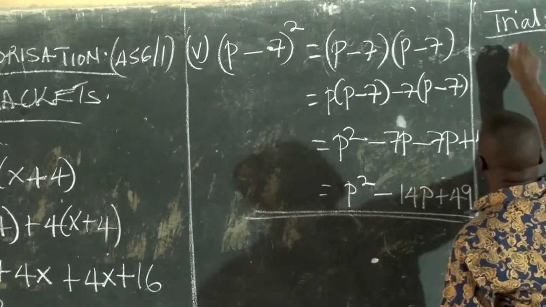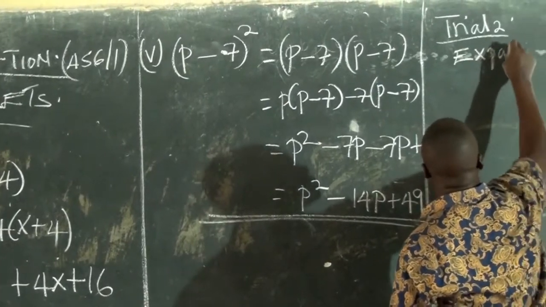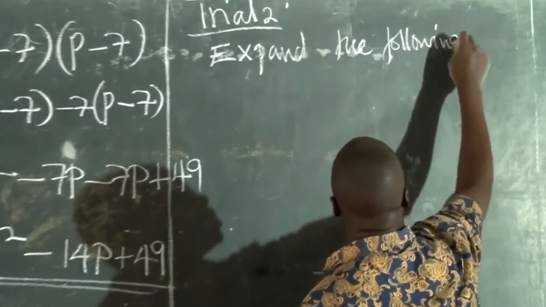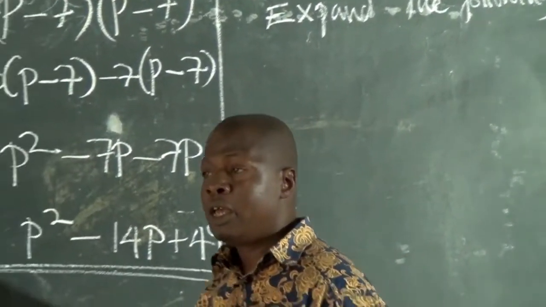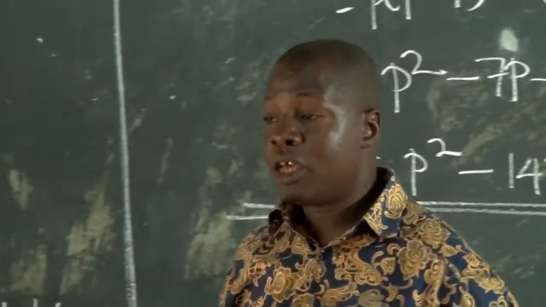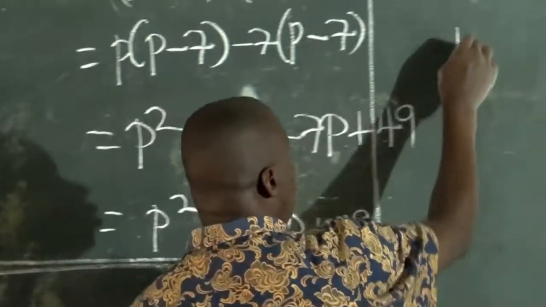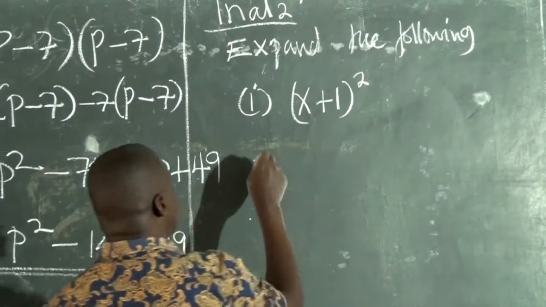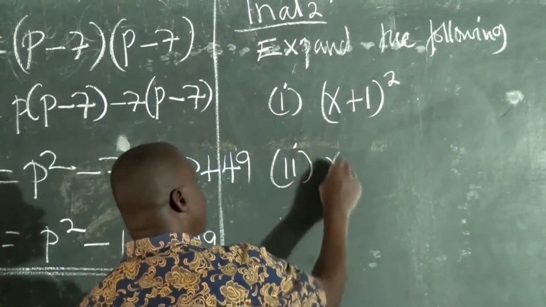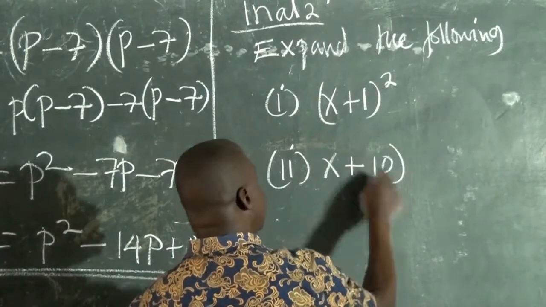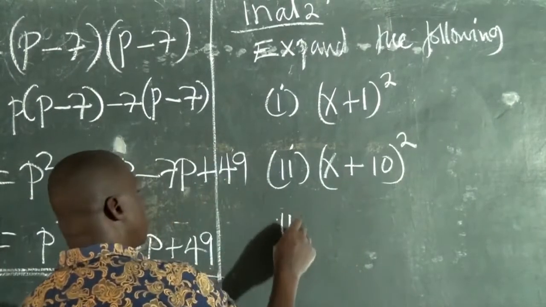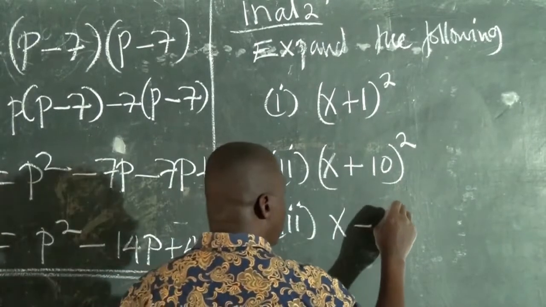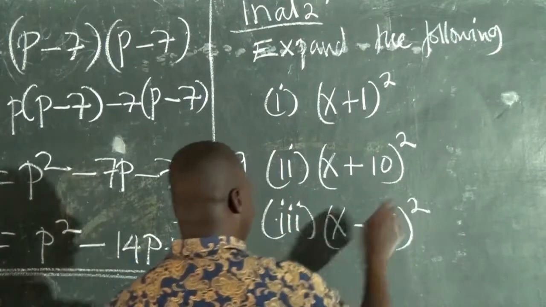We can have a child here to expand the following. Expand the following by first opening brackets. Roman number 1, we have x plus 1 squared. Roman number 2, we have x plus 10 squared. We also have x minus 11 squared.